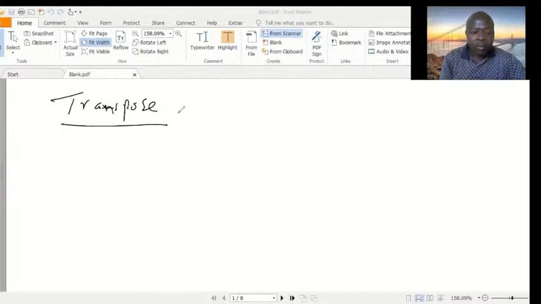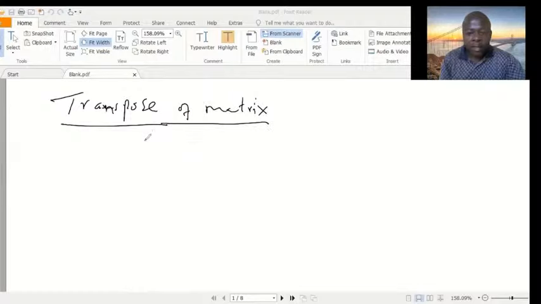You need to know what a transpose of a matrix is. I'll use this knowledge of transpose in determining the inverse of a higher order matrix. When I come to showing you how to find the inverse of a 3 by 3 matrix, 4 by 4 matrix, the knowledge of transpose will be very important. That is why I want you to know it now.